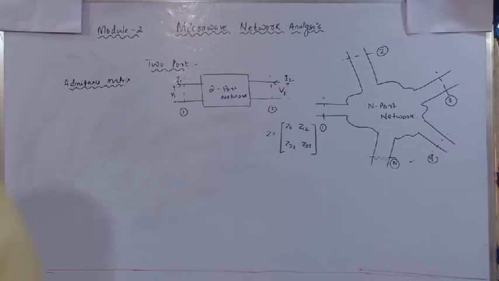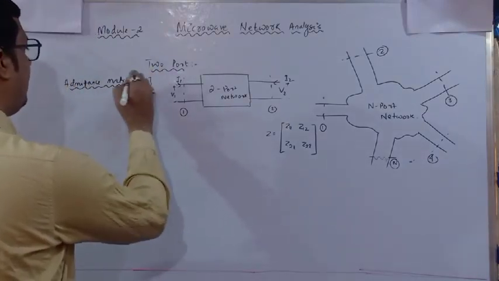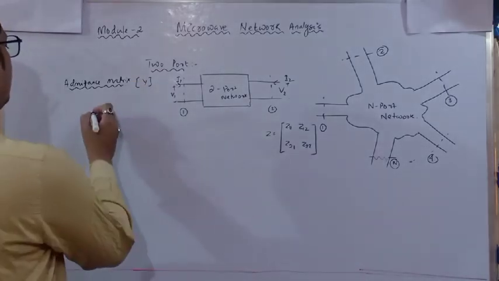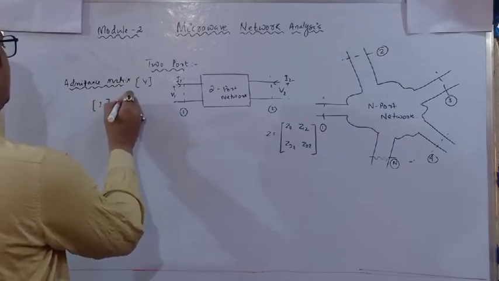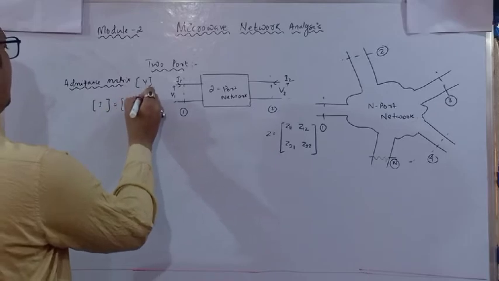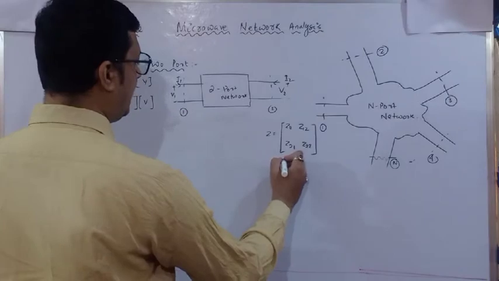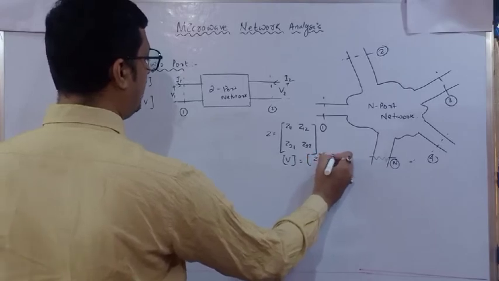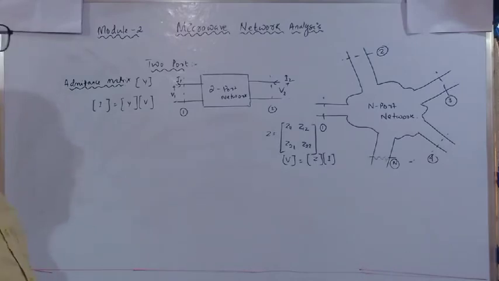Now I am going to identify the admittance parameters for the same 2-port network. As we know, current equals admittance matrix times potential. In the impedance matrix we have the relation V equals impedance times I, from which we derived Z11, Z12, Z21 and Z22.